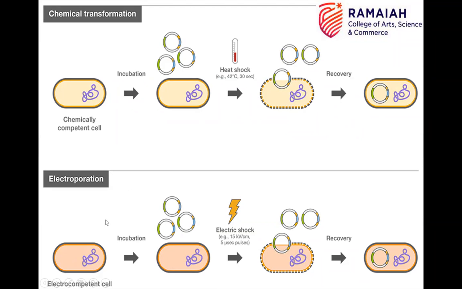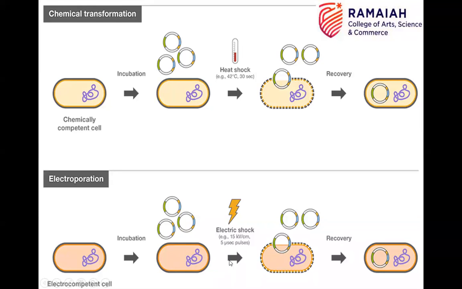The other method is electroporation. In the upcoming slides we will discuss electroporation in more detail, but here it is shown schematically how transformation takes place with electroporation. The cell which is to be transformed is incubated with the external DNA.